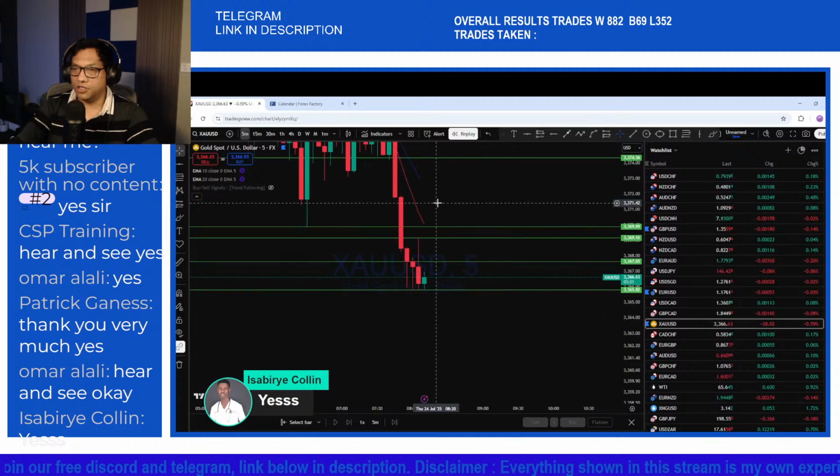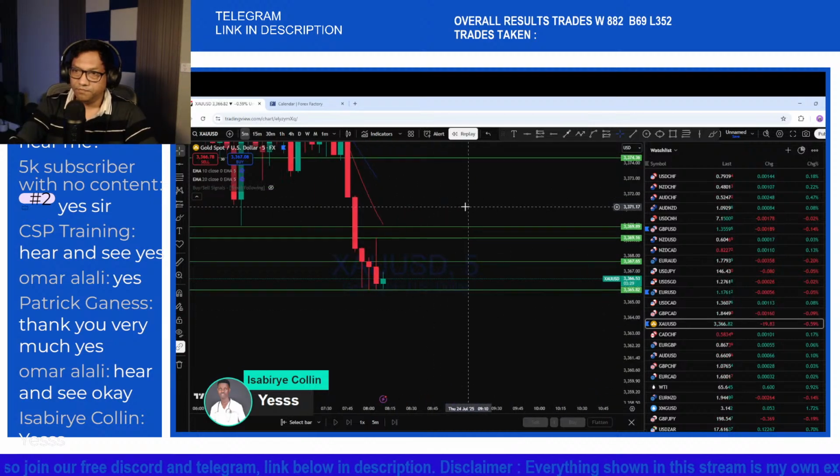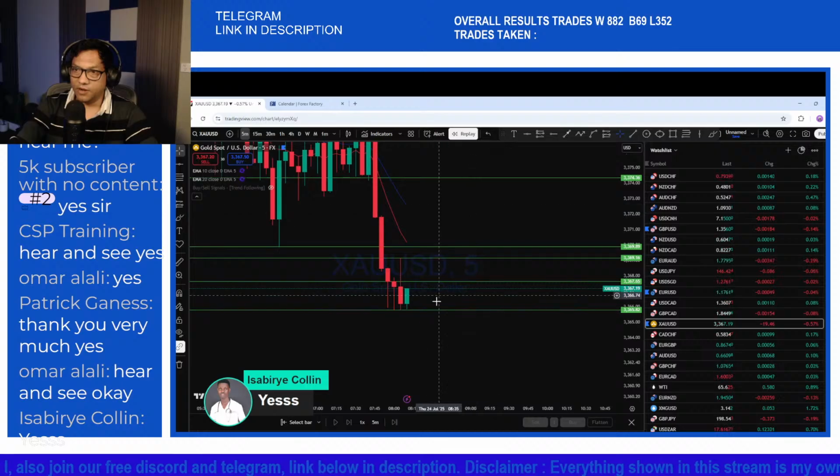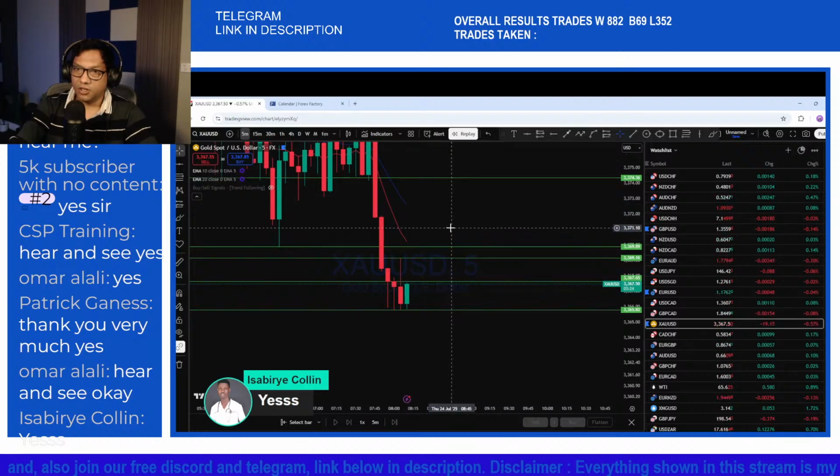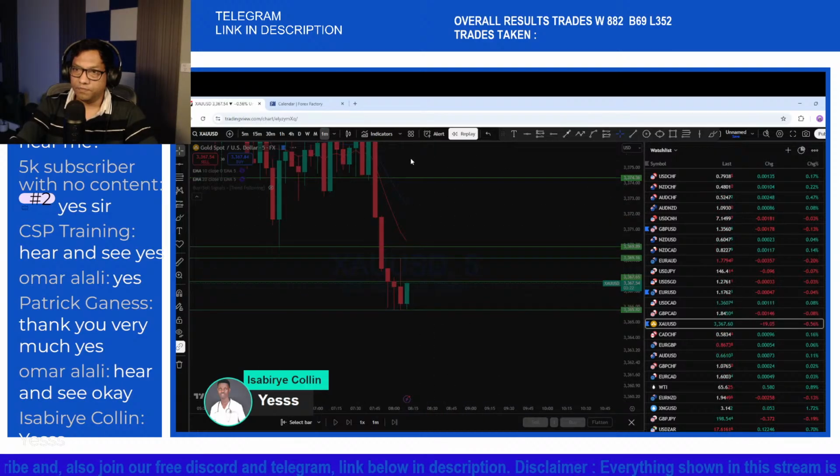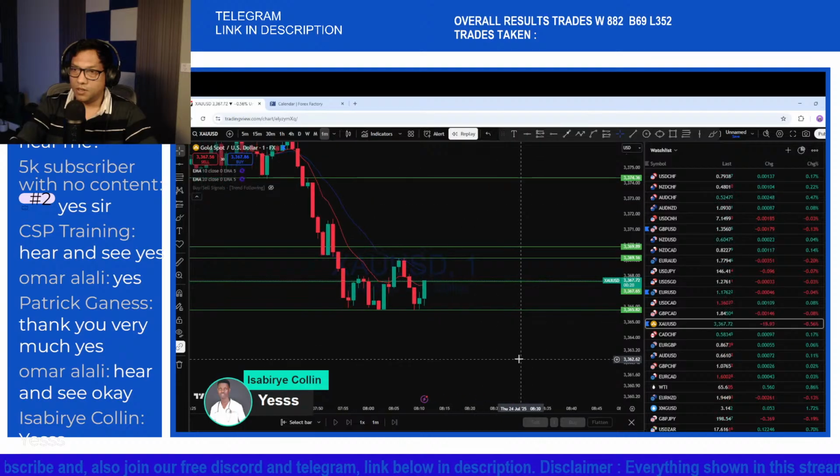Here you can see the market is trying to push back to this key level, and I want to see it going back to really hit that fair value gap, and it's trying to push back.